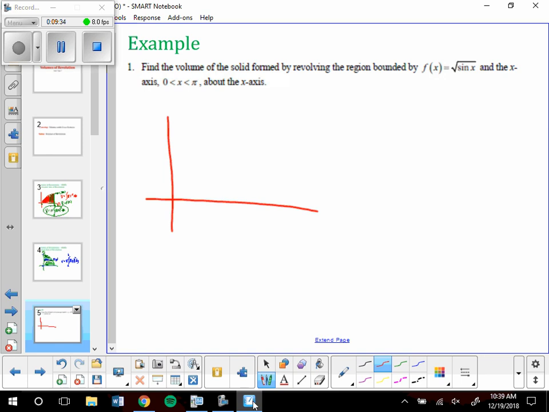Negative. So you can't plug in values for x that make sine negative. But between 0 and pi is sine positive? Yeah. If we plug in 0, sine is 0, so the square root of 0 is 0. If we plug in pi, sine of pi is 0, so the square root is 0. If we plug in pi over 2, sine of pi over 2 is 1, the square root of 1 is still 1. But it's just a little bit steeper. So it still looks a lot like sine, just a little different height to the curve.